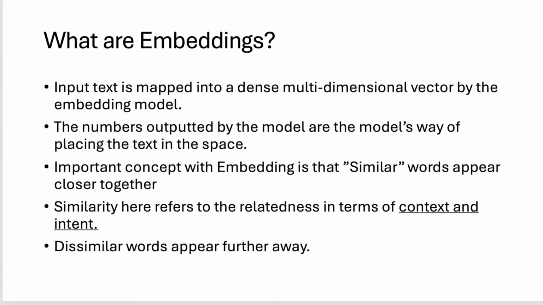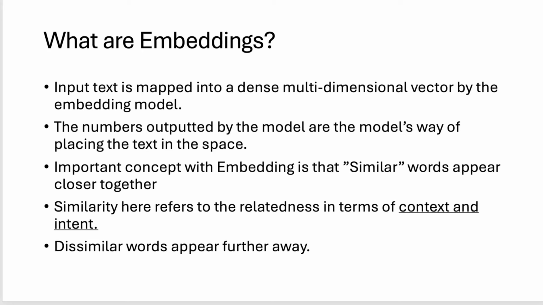What it actually is doing under the hood is that it takes the input text and maps it into a dense multi-dimensional vector. So you gave it 5 words, but it takes those 5 words and converts them into a huge list of numbers. What these numbers correspond to in the real world is the model's way of placing that text in that vector space.